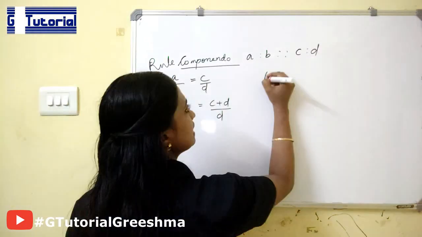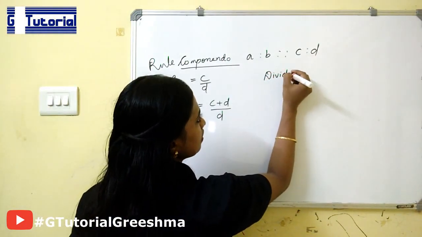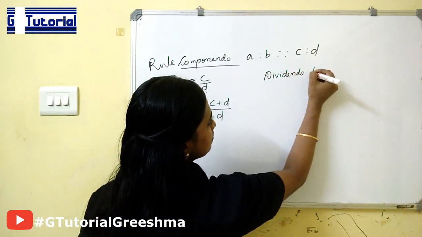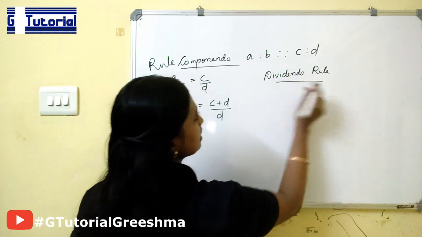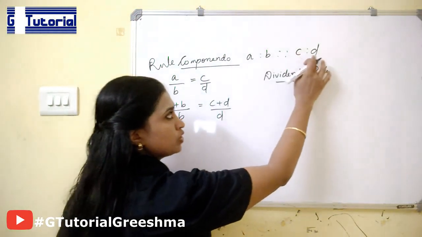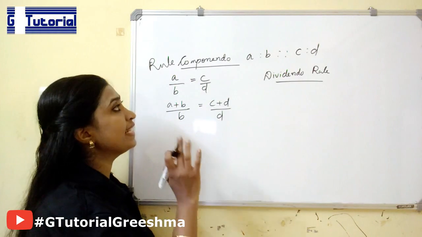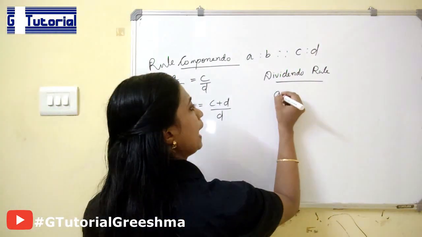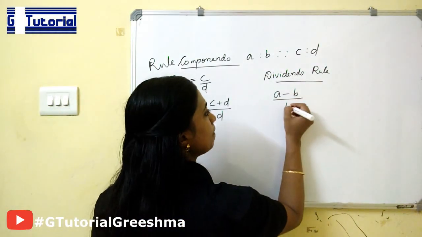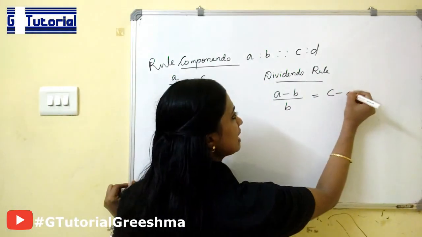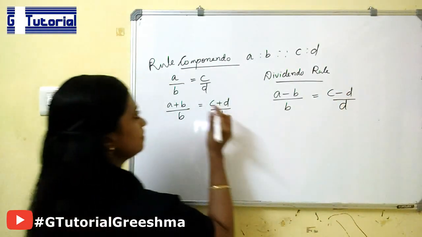Next rule is dividendo. Suppose A is to B is in proportion with C is to D. Then the dividendo rule is A minus B by B is equal to C minus D by D.